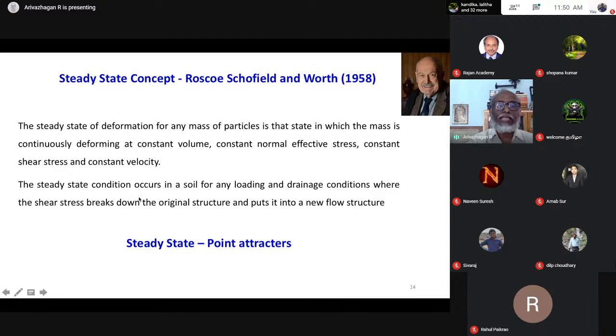The steady state condition occurs in a soil for any loading and any drainage conditions where the shear stress breaks down the original structure and puts it into a new flow structure. That's why the steady state is known as a point attractor.